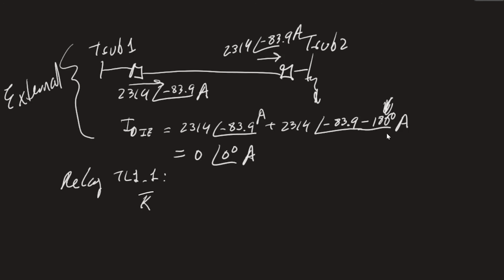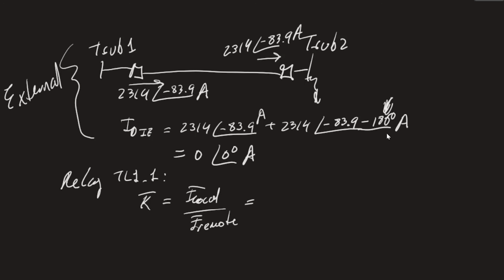And K, the phasor K, is defined as the local current divided by the remote current. Of course, here local or remote depends on which relay we're looking at. In this example, we're looking at the relay on the left side.